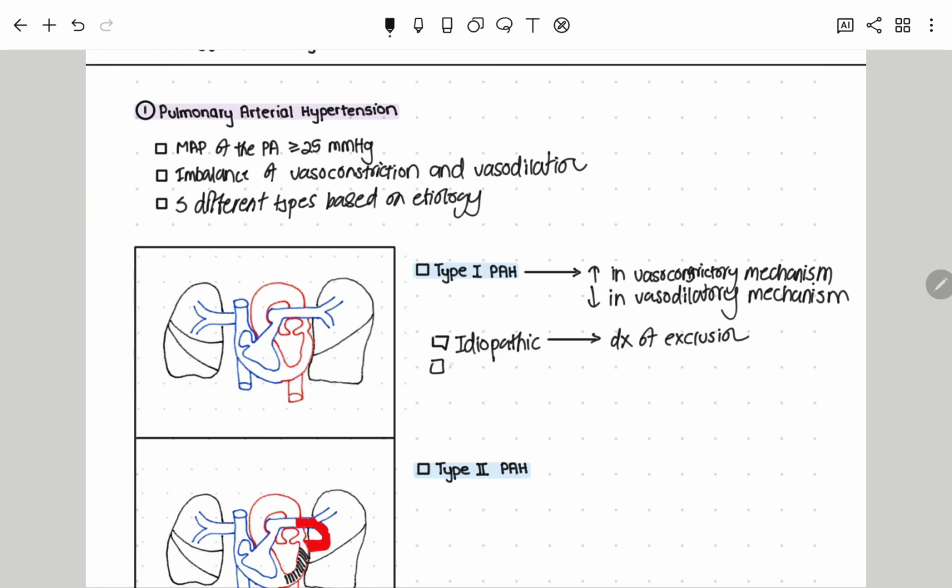Second cause is this can simply be a hereditary process, and this is most commonly associated with a mutation in the BMPR2 gene. It can be further associated with connective tissue diseases. An example would be scleroderma.